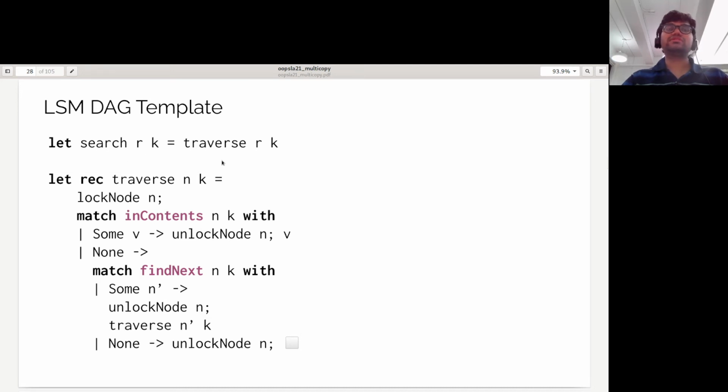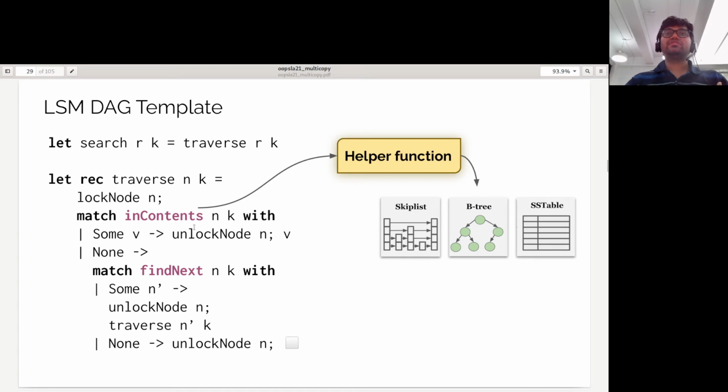Search operation calls the recursive procedure traverse. Traverse checks the contents of node n using a helper function called inContents. Now the definition of inContents depends on how a node is implemented. So this template algorithm is applicable to data structures, implementations which use any possible search structure to implement this inContents function.